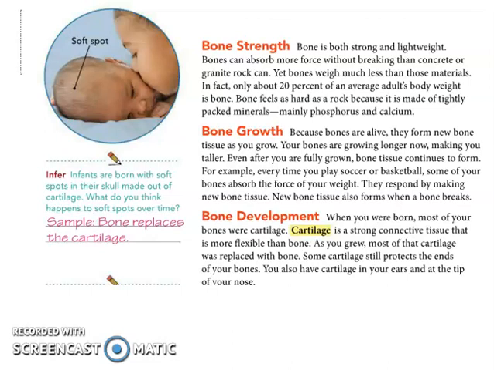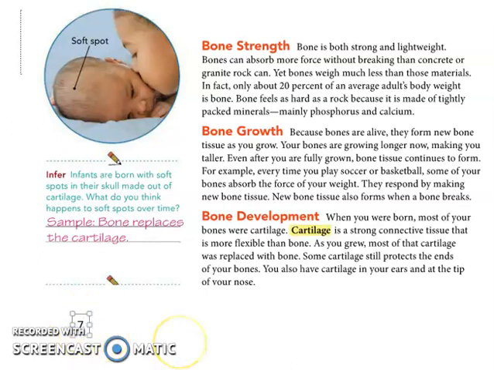Here it says, bones weigh much less than those materials. In fact, only 20% of the average adult body weight is bone. So, for example, let's calculate.